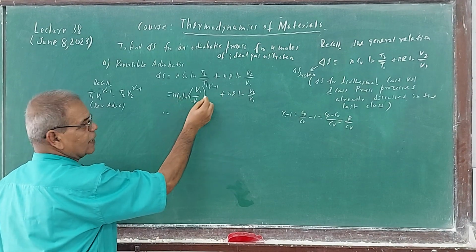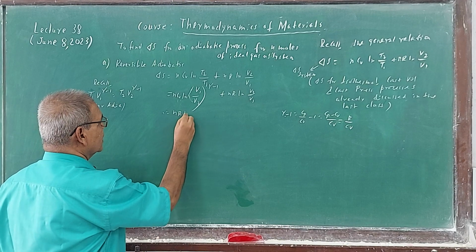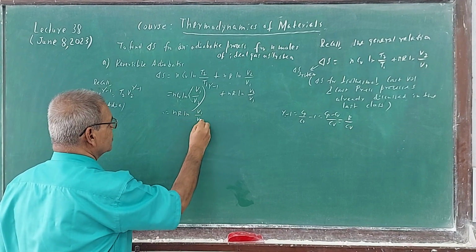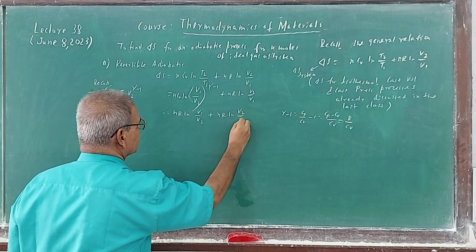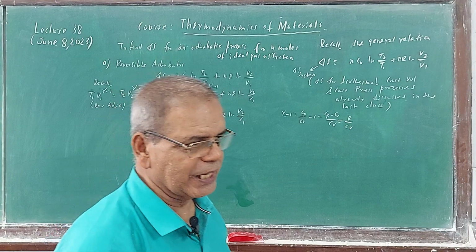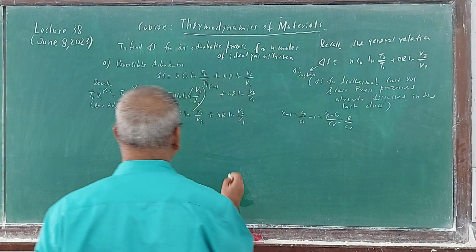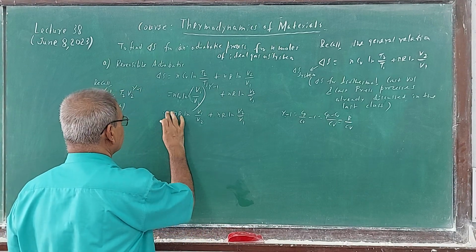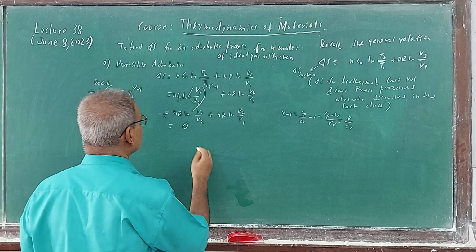Resulting: R by Cv times Cv is R, so N R ln V1 by V2 plus N R ln V2 by V1. V1 by V2 is the inverse of V2 by V1, so one log is negative, and mutually they cancel, giving 0, as expected.